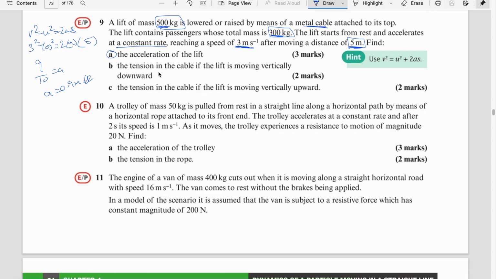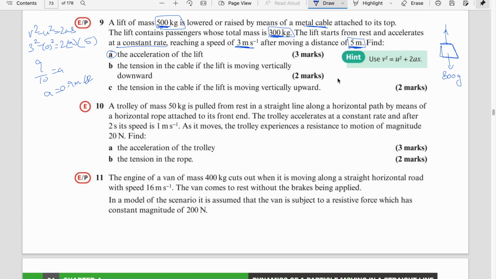Part B says find the tension in the cable if the lift is moving vertically downwards. Now consider this lift. This is the tension. This is the cable. Masses are downwards, 500 of the lift, 300 for the passengers. Total 800 kgs is downwards. I'm writing it as 800g.